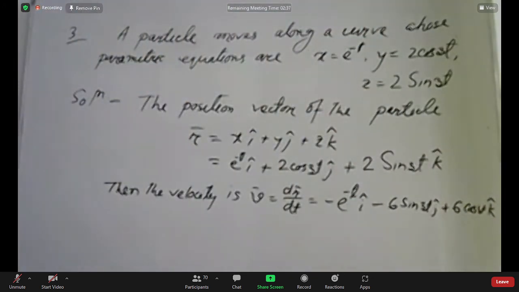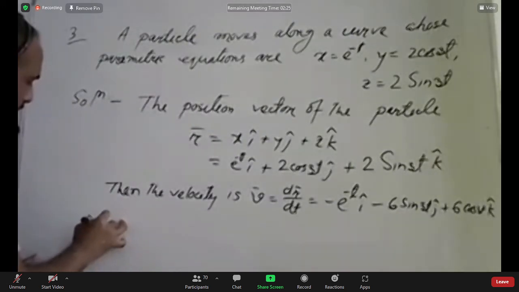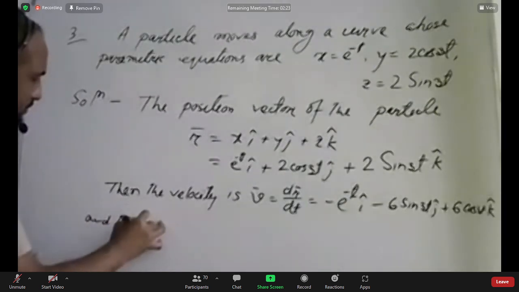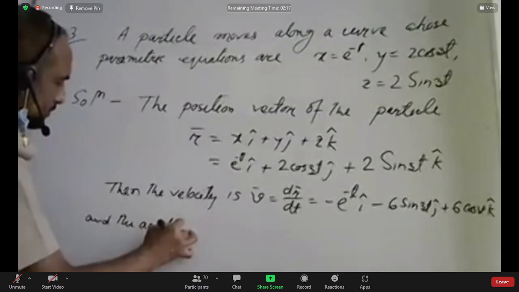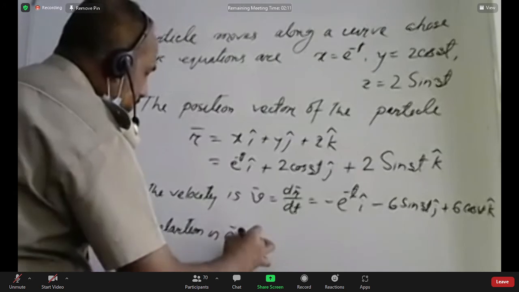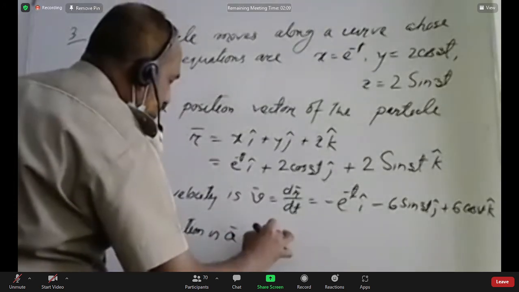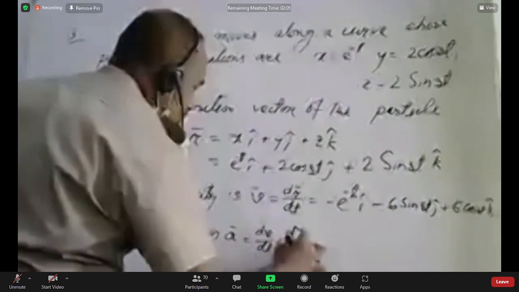Clear? Do you understand? Yes, sir. Okay. And what will be the acceleration? So d square r by dt square. The acceleration a is dv by dt is equal to d square r by dt square, and if you differentiate again, then what will happen?